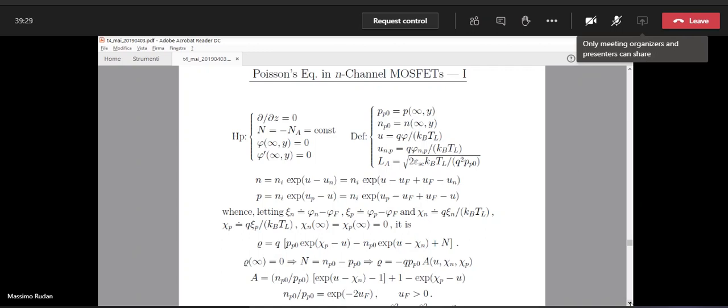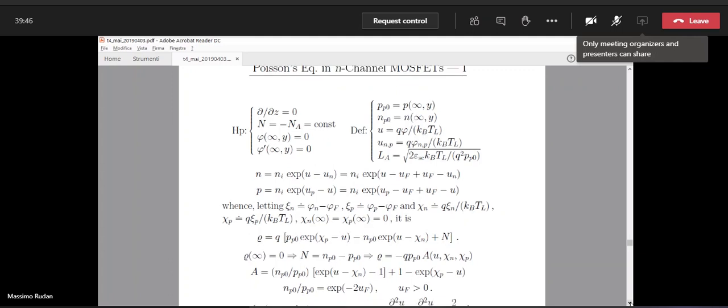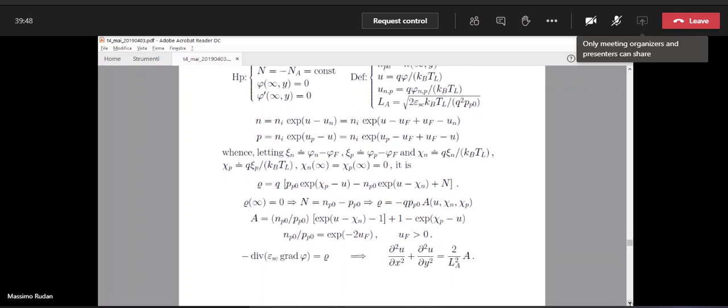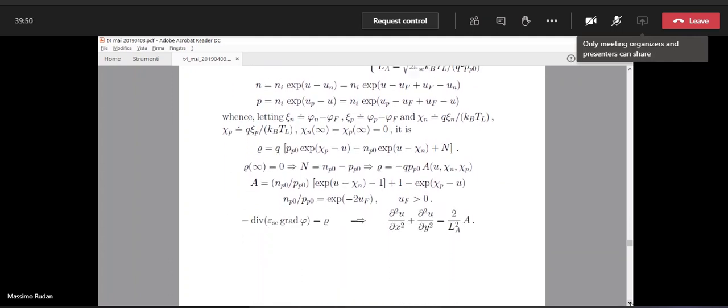And in the equilibrium, you may remember this function A depends on u and uF, the normalized Fermi potential. In this case, it would depend on u, chi n, and chi p. And the explicit form of A is given below.